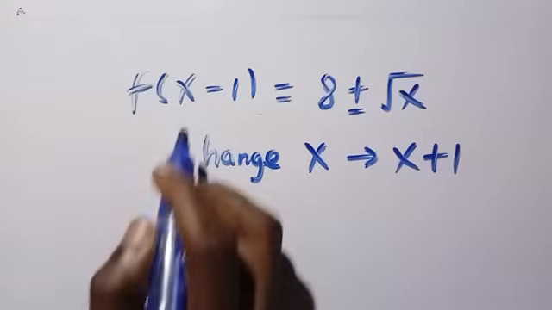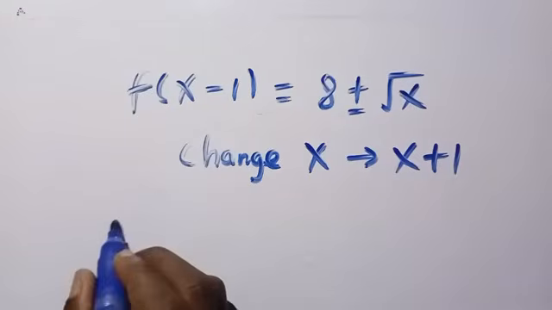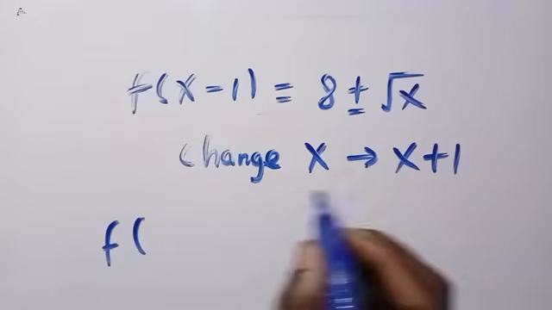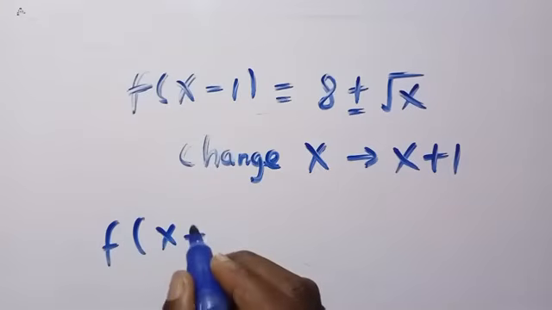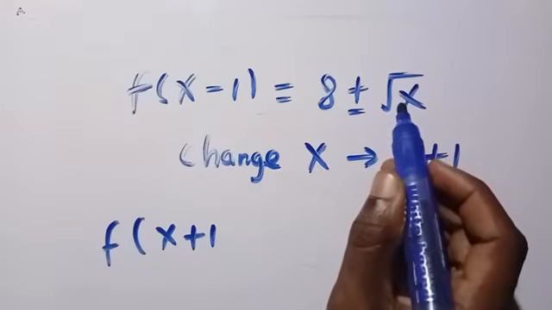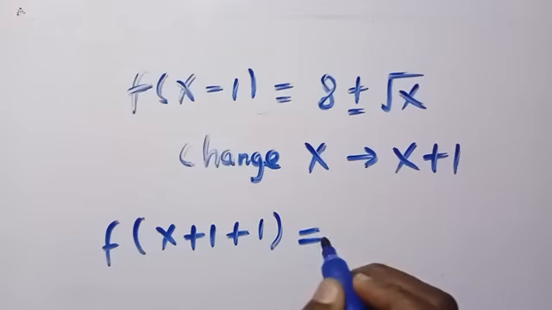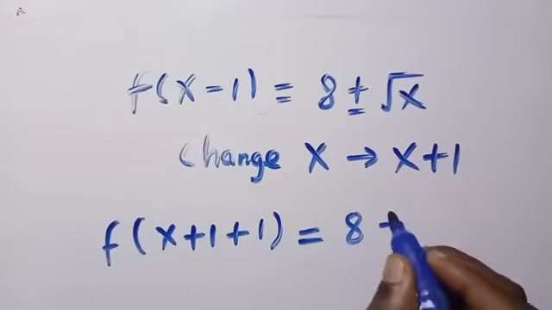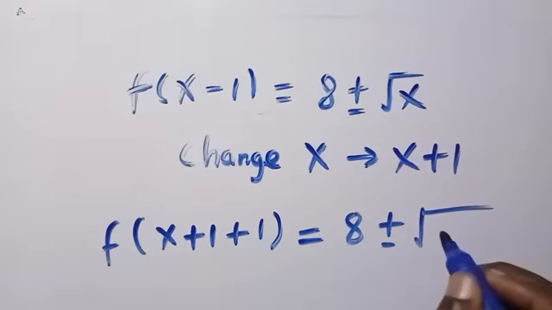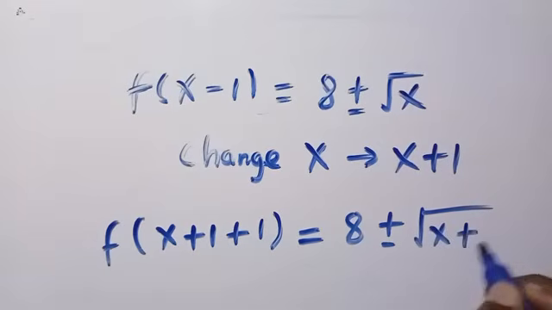So this will reduce to f of x. By doing that, instead of x, we have x plus 1, and it will also affect the right hand side. Then we have plus 1 equals 8 plus or minus the square root of x plus 1.